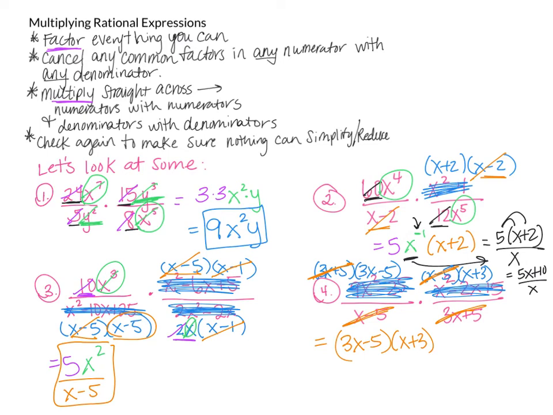I can leave it like this, or I could go ahead and distribute it out. Doing that, I'd get 3x squared plus 9x minus 5x minus 15, combine those like terms. So my final answer would be 3x squared plus 4x minus 15.